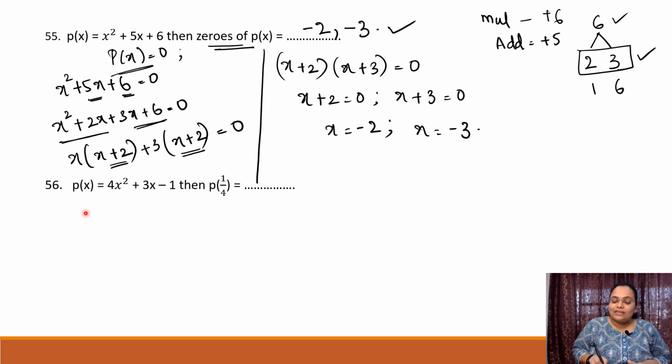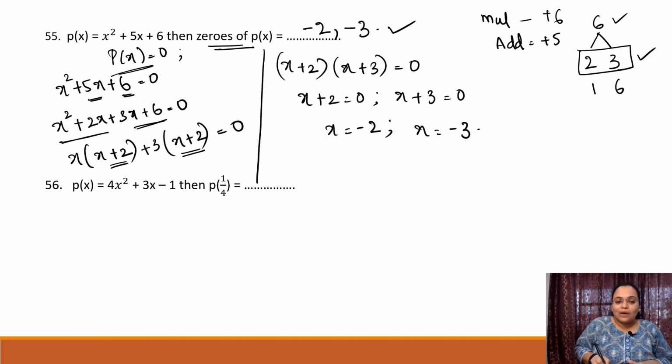So, the next one is, if p of x is 4x square plus 3x minus 1, then we need to find the value of p of 1 by 4. We just need to substitute 1 by 4 in p of x and find the value of p of 1 by 4.